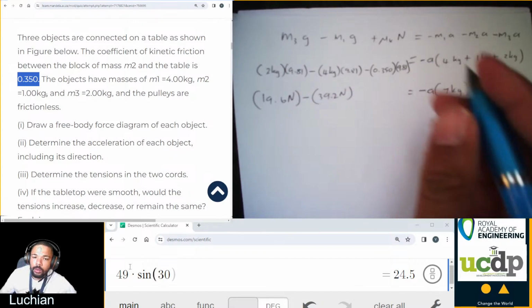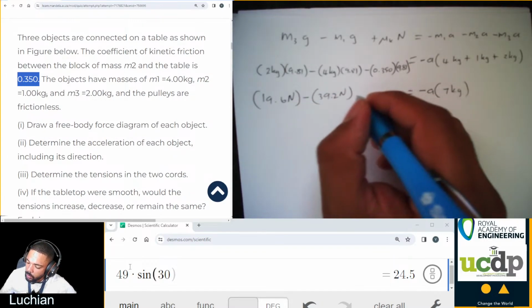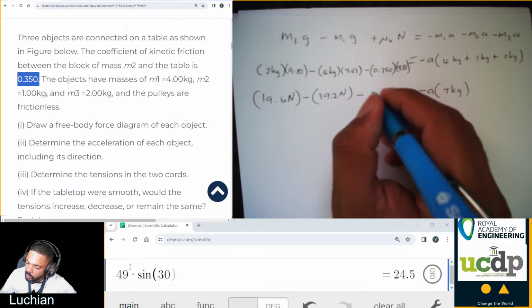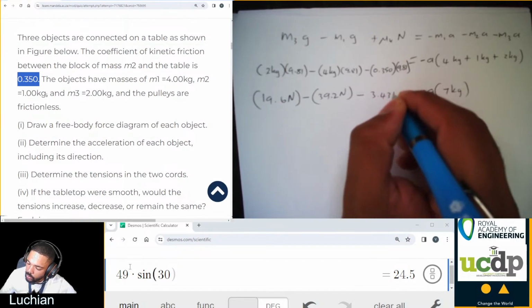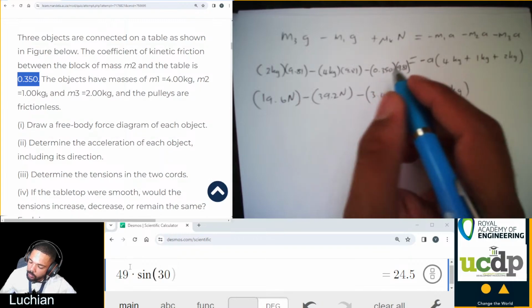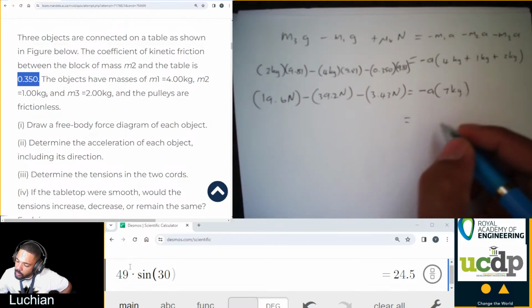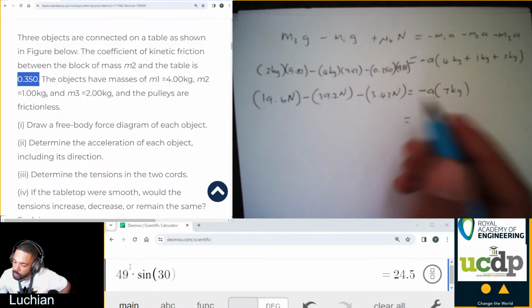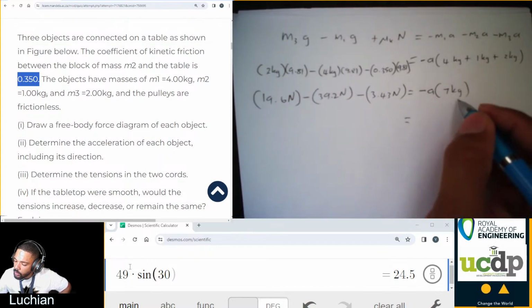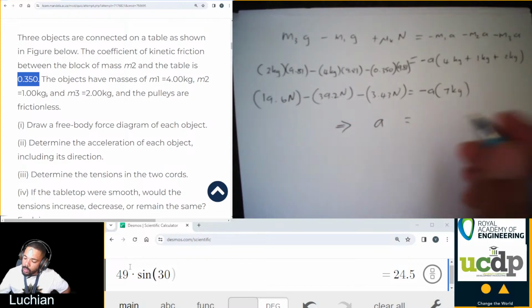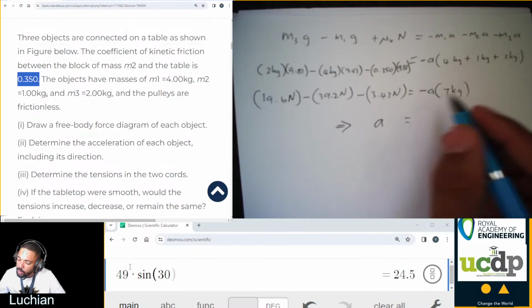19.6 doubled is 39.2 newtons, and then we have minus 0.34 multiplied by, that's 3.43 newtons, and you divide that all by 7. You can go and work out your acceleration now.